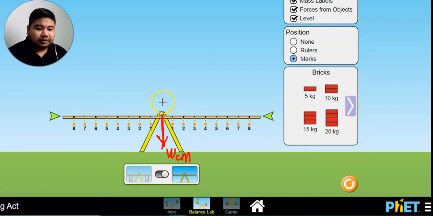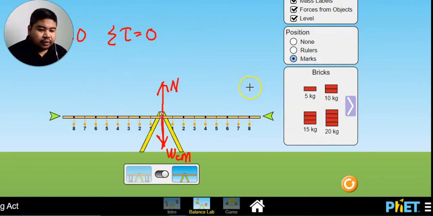At this instant, the beam is balanced, meaning that the sum of the forces on the beam is 0, and because we have no other forces acting on the beam, the torque on the beam is also equal to 0.